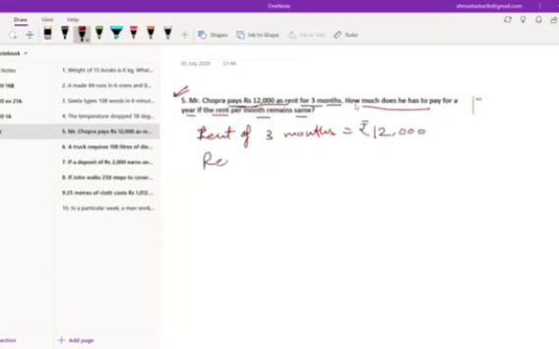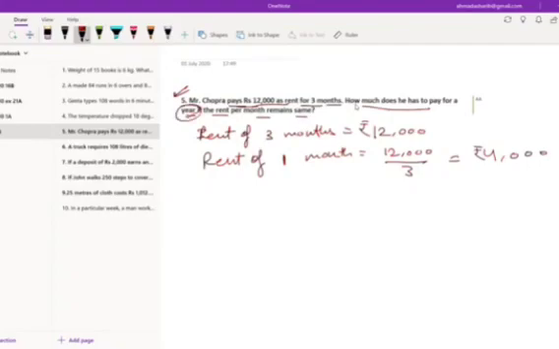So what will be the rent of 1 month? Rent of 1 month is equal to 12,000 upon 3, because I have told you in the unitary method, we always find the value of one article first. Okay, so 4,000 rupees. This is the rent of 1 month. Now, what is the rent of 1 year?